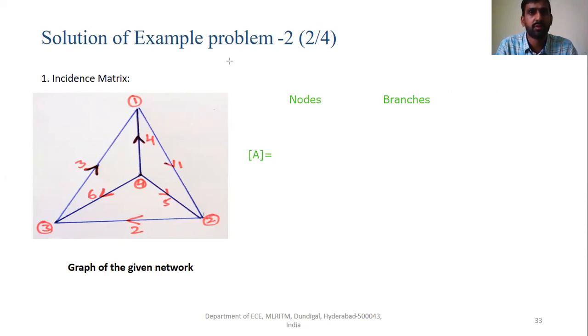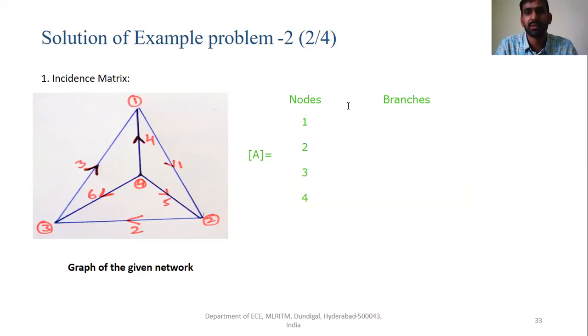How many rows? Rows are the number of nodes. How many nodes? 4 nodes: 1, 2, 3, and 4.